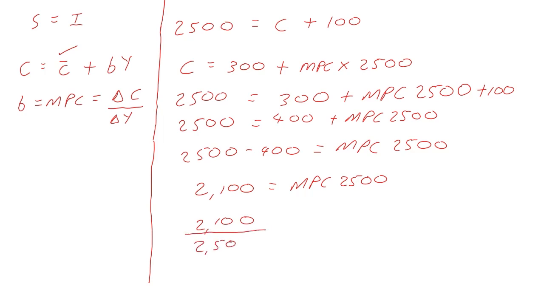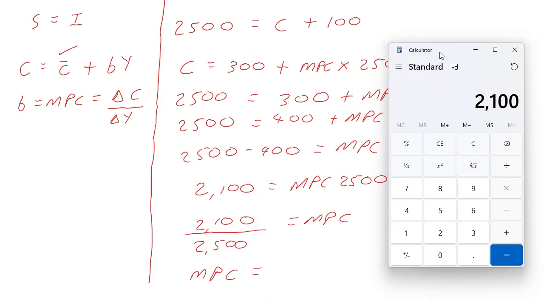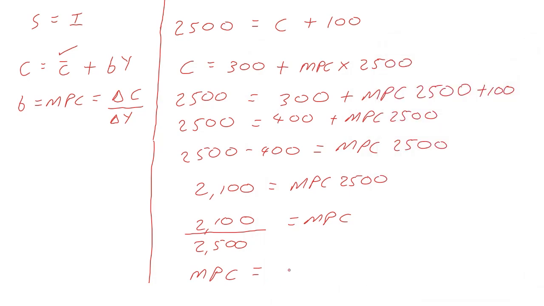is equal to MPC. So MPC is equal to 2100 upon 2500, and using a simple calculator, that gives me 0.84.